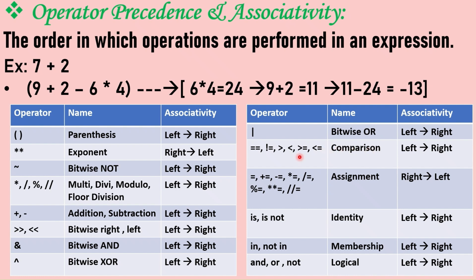Following these, we have the assignment operators, which follow the associativity from right to left. Then we have the identity operators, including is and is not, followed by membership operators, and finally the logical operators, following associativity from left to right. This is how the Python compiler follows a sequence in which an expression is evaluated using the Python precedence order.